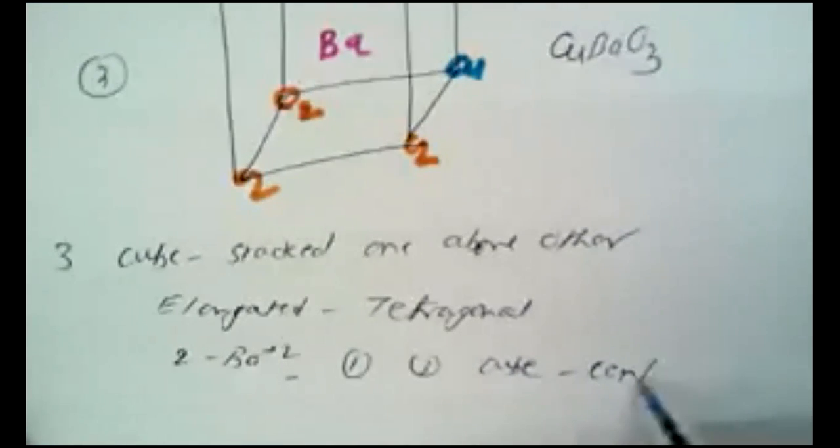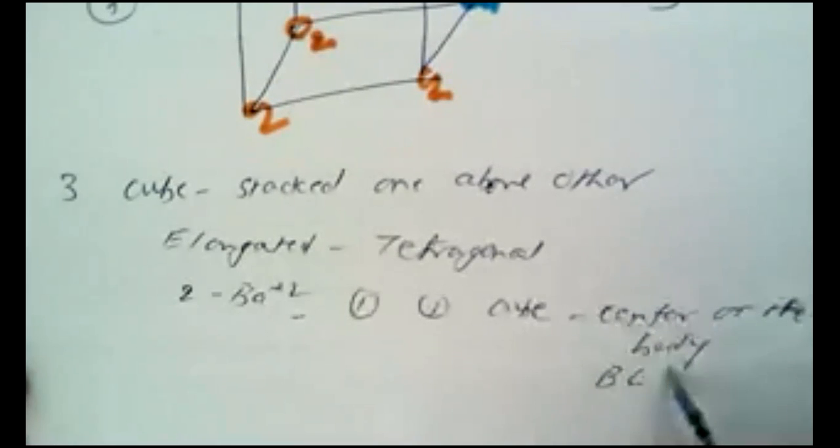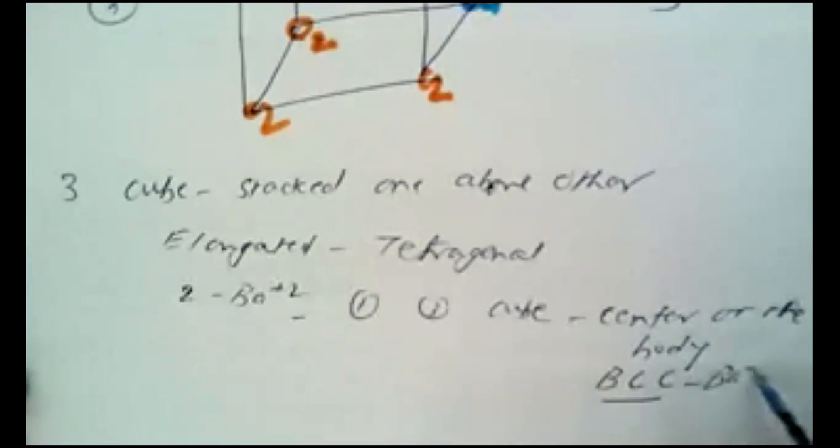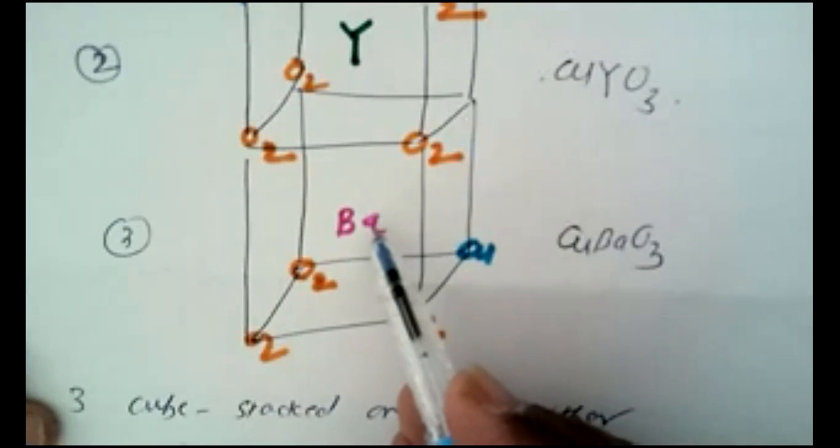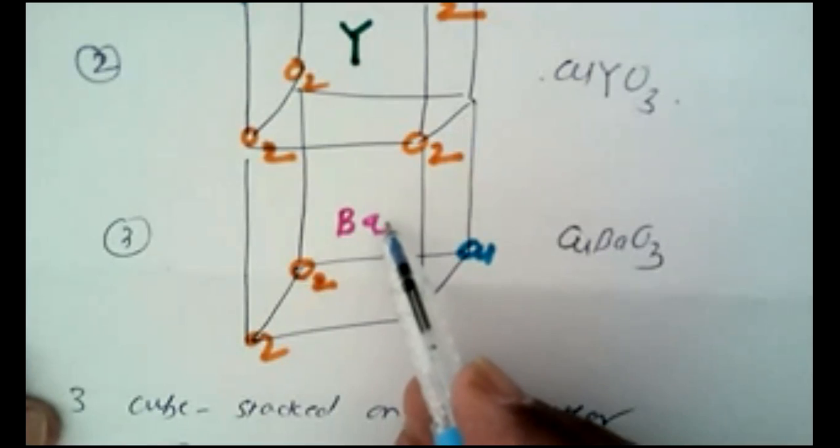This is the third cube which contains barium, and this is the first cube which also contains barium here. That means the barium ions are present at the center of the body, hence it is known as a body centered cubic barium ion.